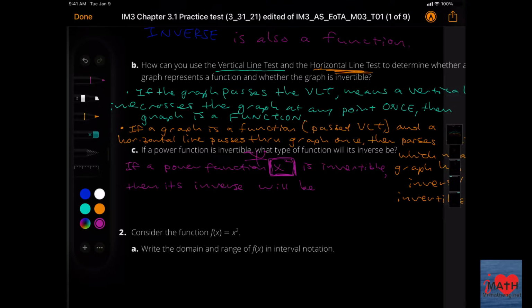And if you apply the rules that we learned, then it'll be a radical function. So you're going from this parabola x to the second to something called a radical or square root.